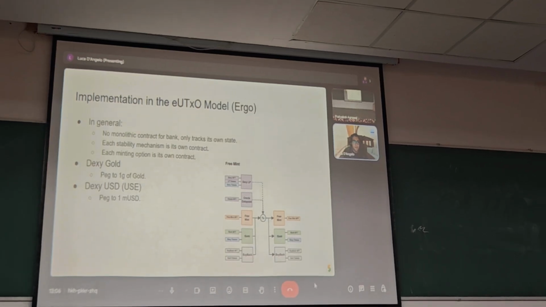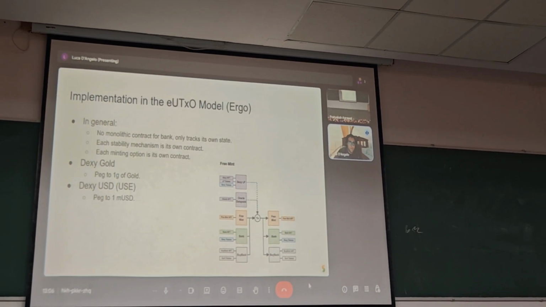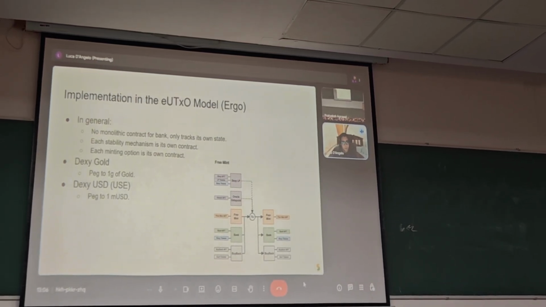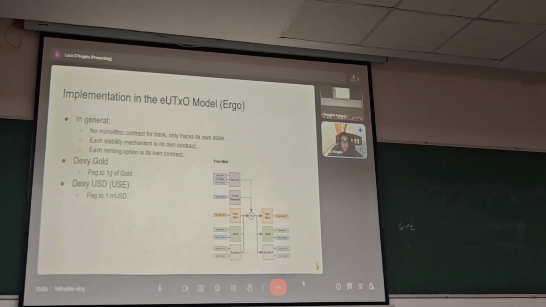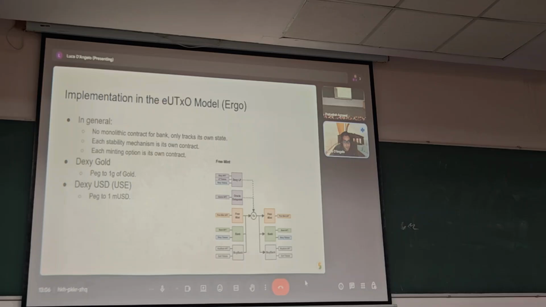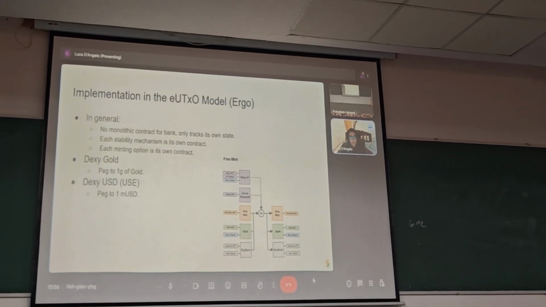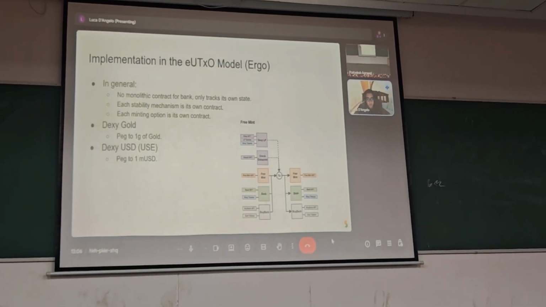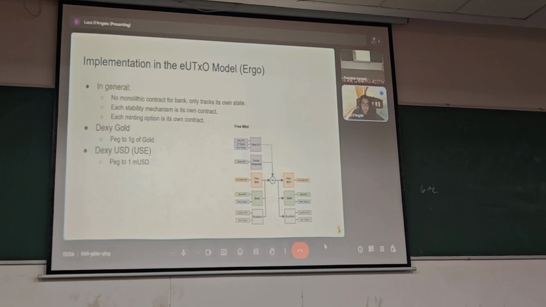Yeah, so just quickly, this has been implemented in the UTXO model on Ergo. What's cool is that in general, there's no one monolithic contract that does everything, like one giant one for the bank and one for the LP. The bank only tracks its own states, like the tokens that are issued or the reserves that are accumulated.